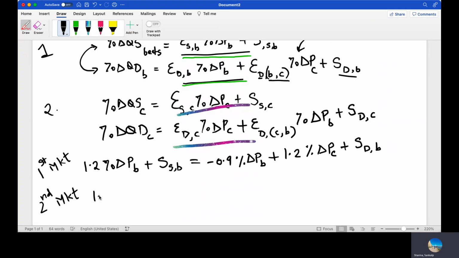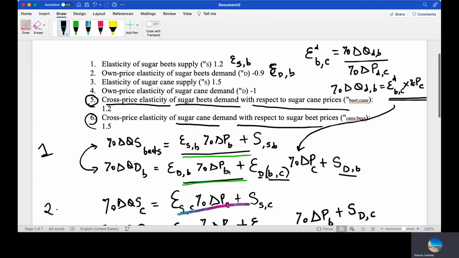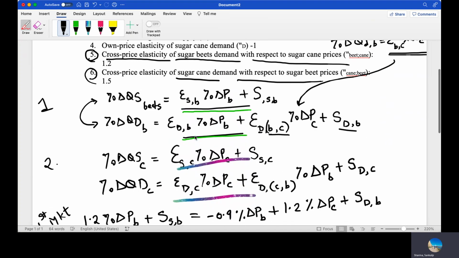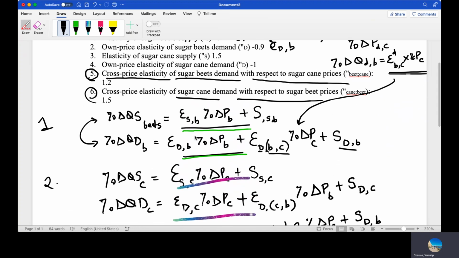So 1.5 times the percentage change in the price of cane, plus the shock in supply of the cane. And then you have the other side. What is the elasticity of demand for cane? It is -1.